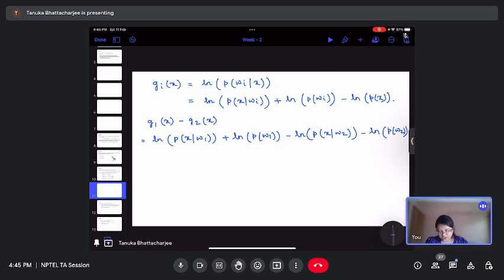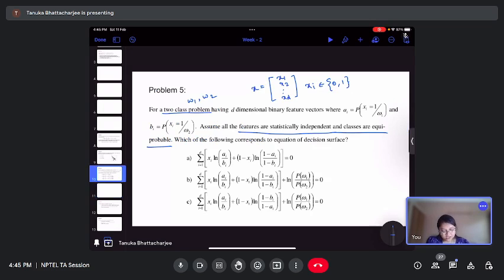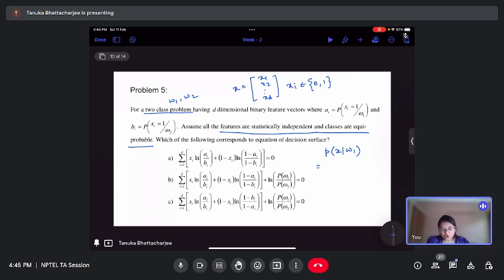Now you need expressions for probability of x given omega 1 and probability of x given omega 2. So you need to know the class conditional densities. Let's say we want to compute probability of x given omega 1, that PMF. Now it's said that the features are statistically independent. So all the xi's which form the overall feature vector x are statistically independent.